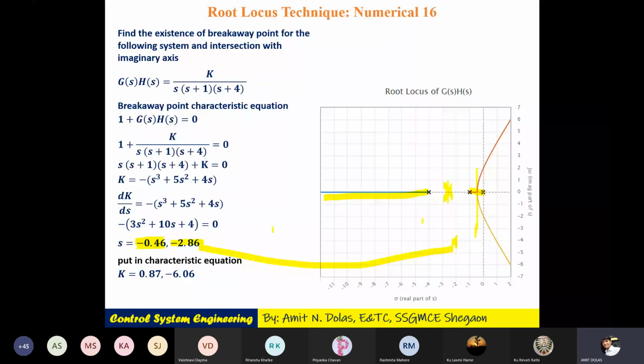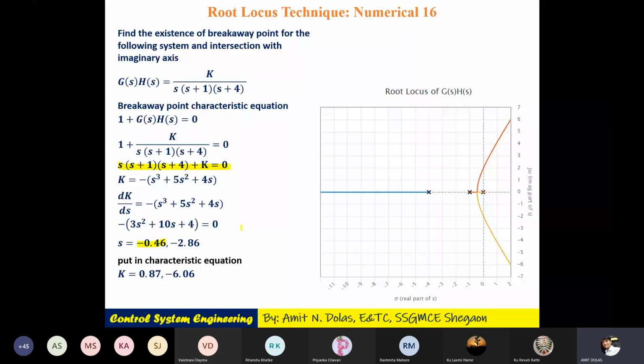So your breakaway point is what? Minus 0.46. If you are not going to adopt this technique, then what is next? Please put the value minus 0.46 into the characteristic equation and calculate the value of k.